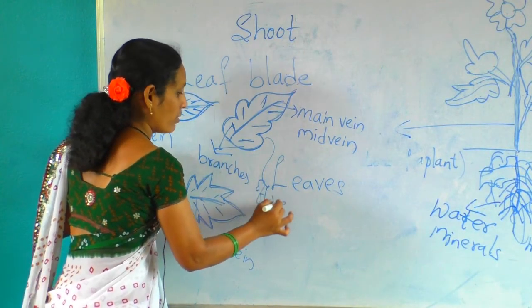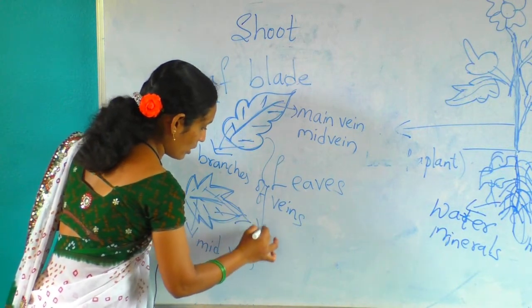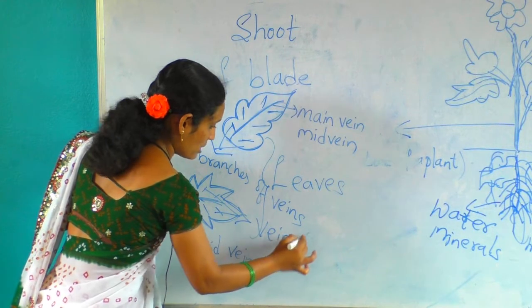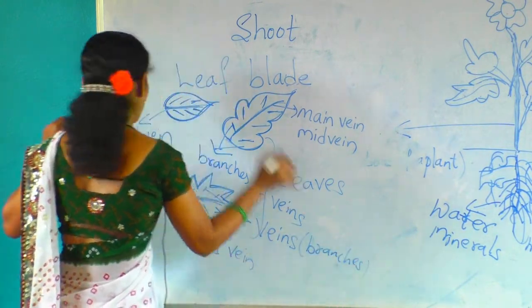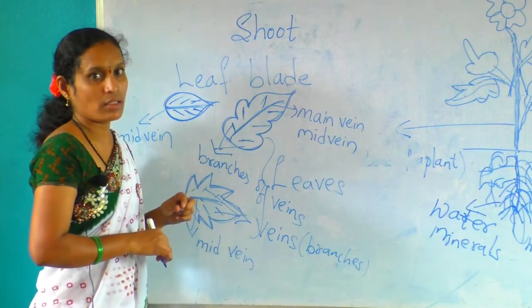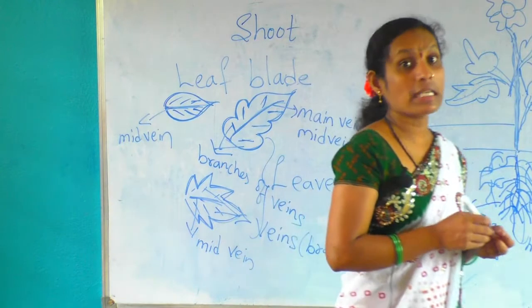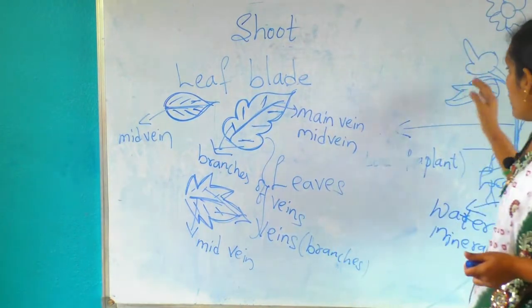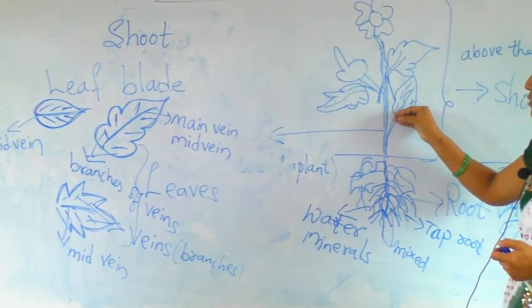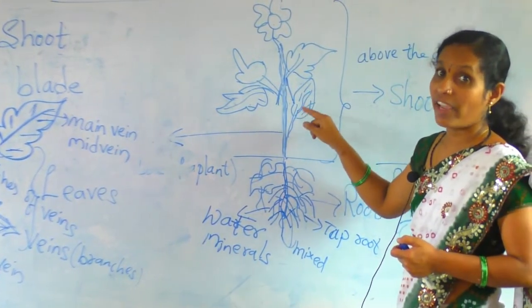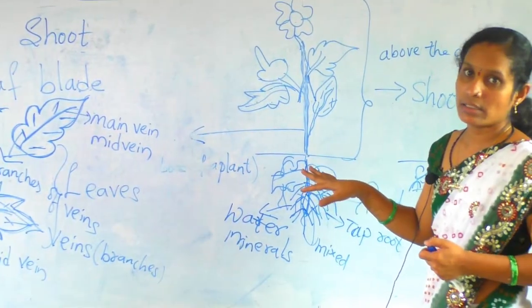These small lines are there, no? Why are these veins useful? Because they absorb the water and minerals going upward from the stem part.